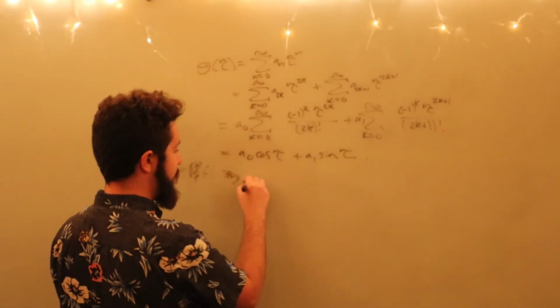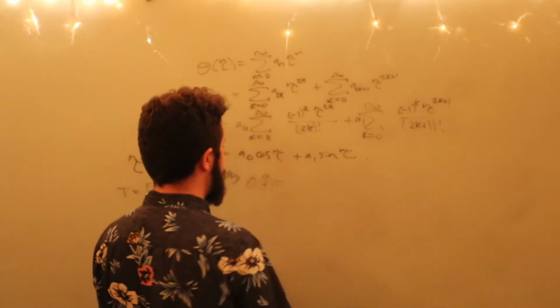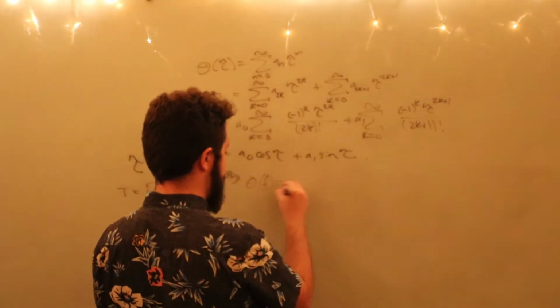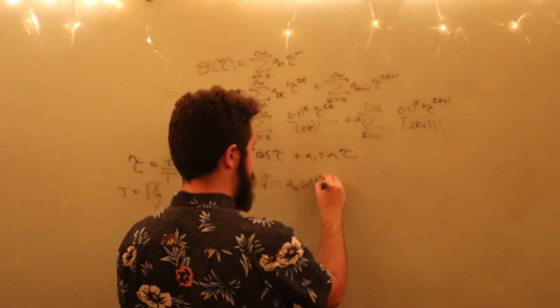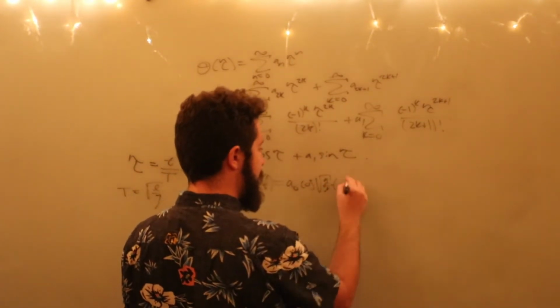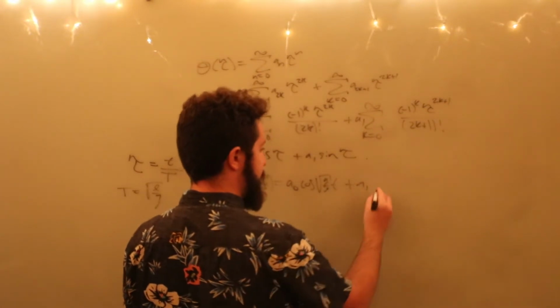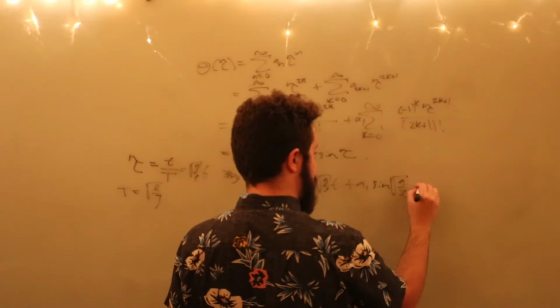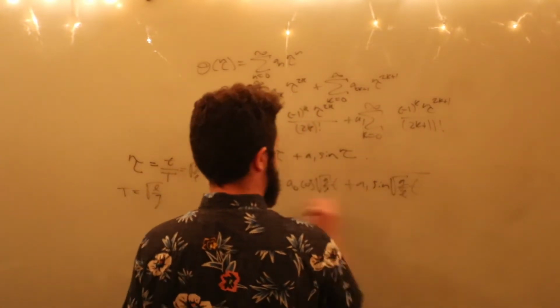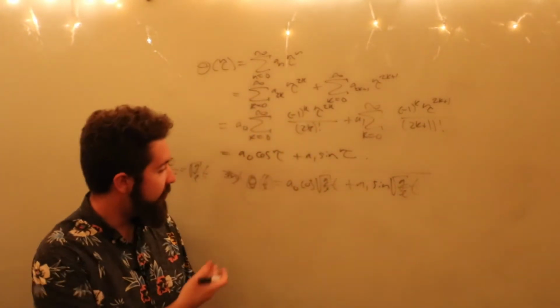This means that theta as a function of t is equal to an arbitrary constant a0 times the cosine of the square root of G over L times t, plus another arbitrary constant times the sine of root G over L times t. And we have our answer.